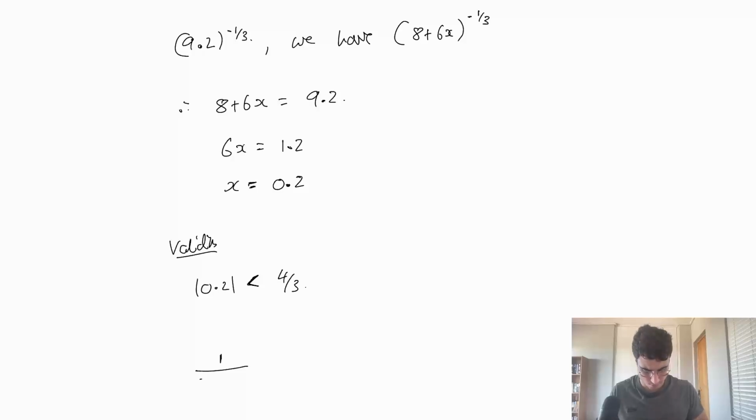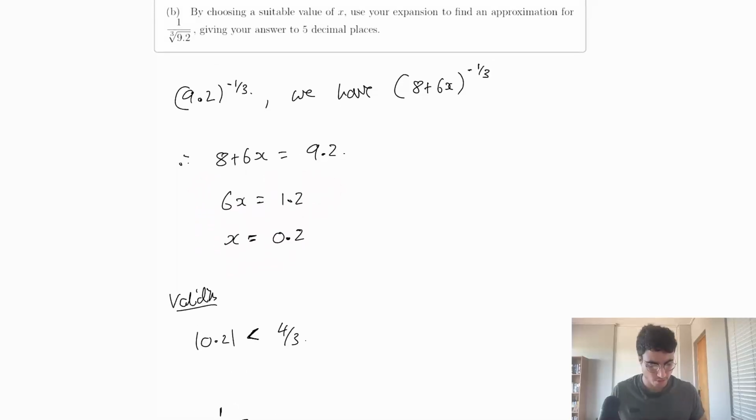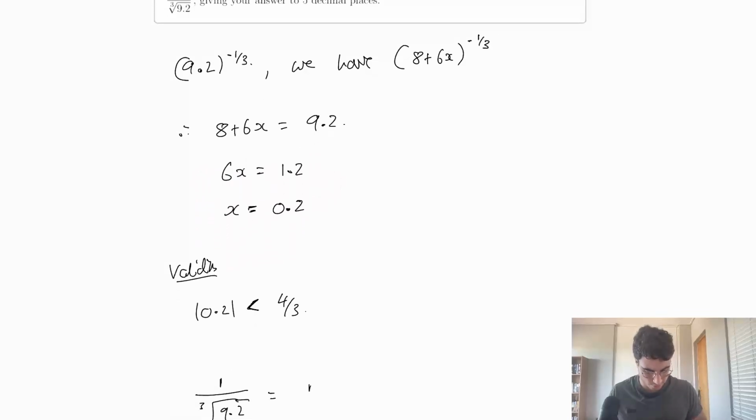And from here we can say that, okay, listen, 1 over the cube root of 9.2 is therefore going to equal the expansion, except this time we're plugging in x equals 0.2. So we're going to have a half, minus 0.2 over 8, plus 0.2 squared over 16, minus 7 times 0.2 cubed over 192.